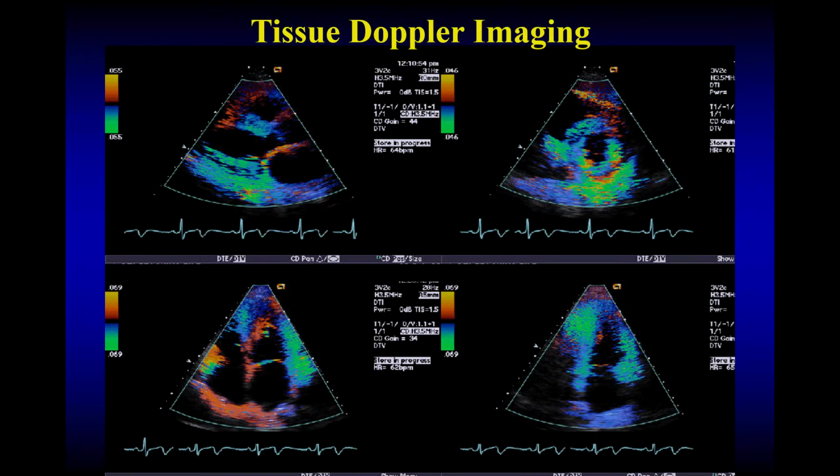Tissue Doppler imaging, another application of Doppler, is in this area. For many, many years we used Doppler mostly of the blood, of the red cells in the cavities of the heart and in the aorta. And we ignored deliberately what looked like interference or areas that were not of interest to us.